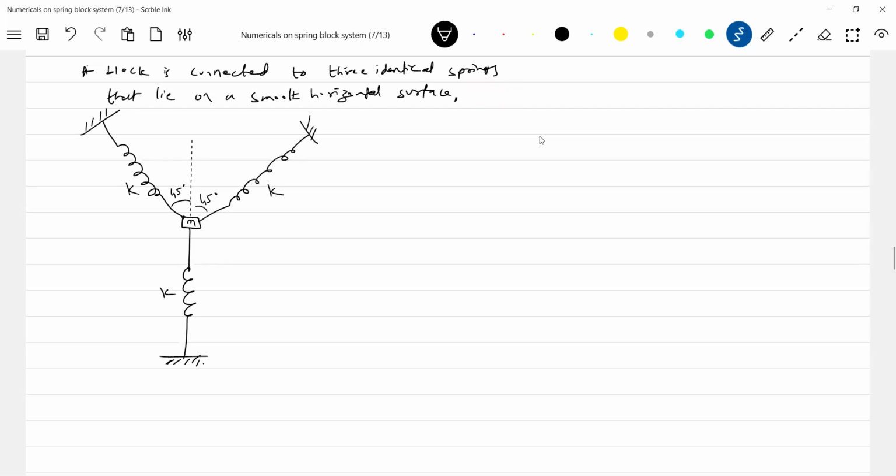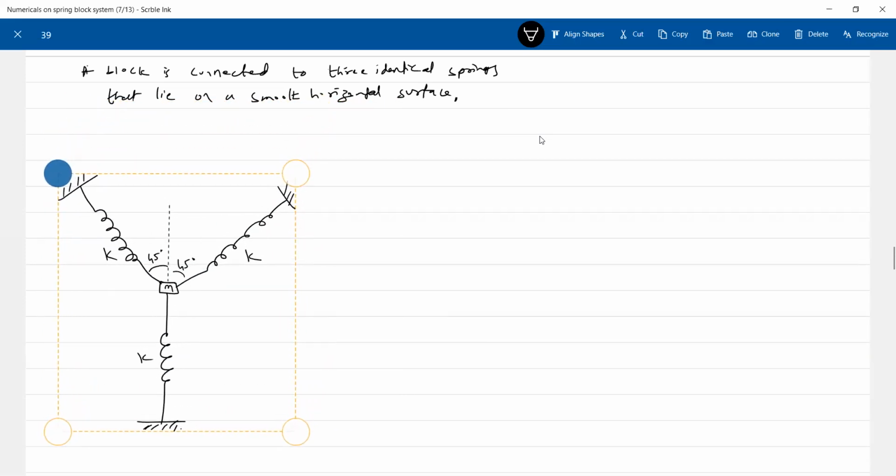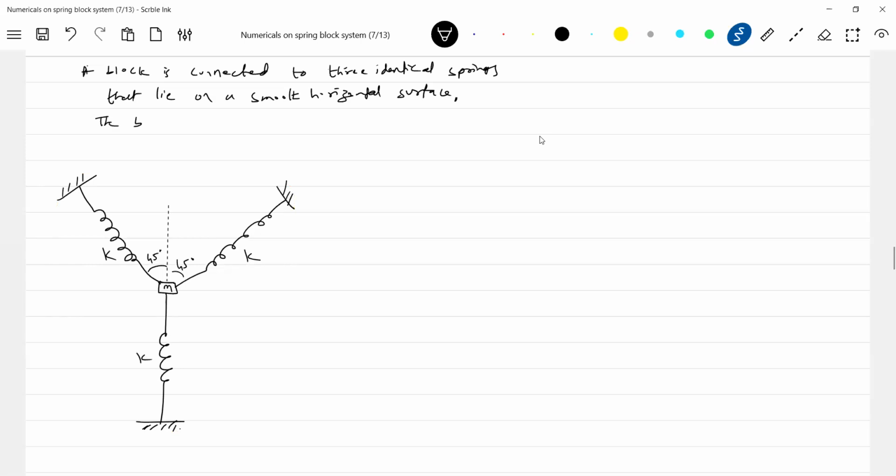Okay, now you have to determine the time period of oscillations. If I displace the block, it is pushed along spring 1, and released.